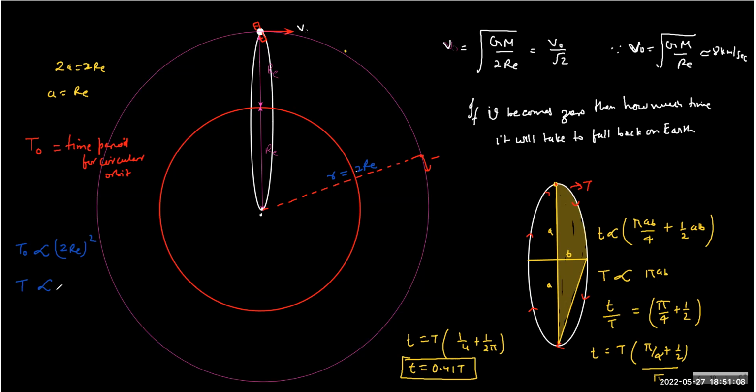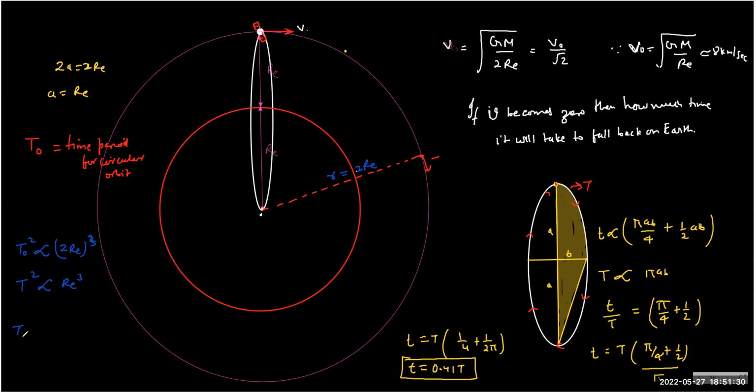This is also because the semi-major axis is how much here? So here it is RE for the ellipse. That's what I'm writing, T square. Like this, correct? So here the semi-major axis is RE only. So we can apply this relation.